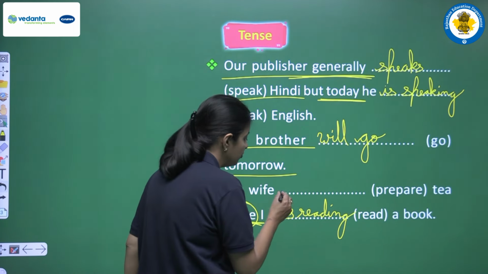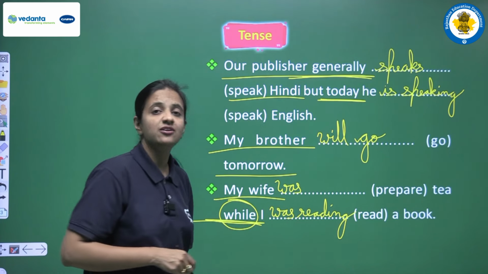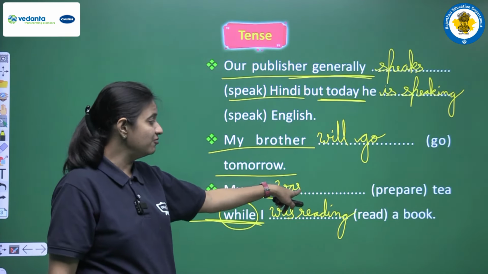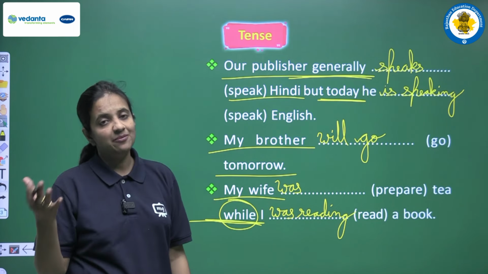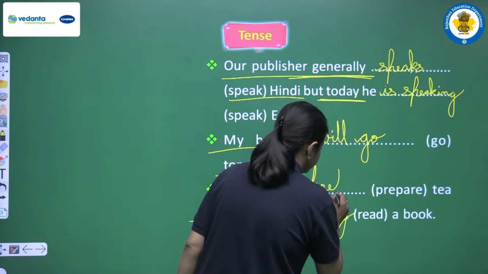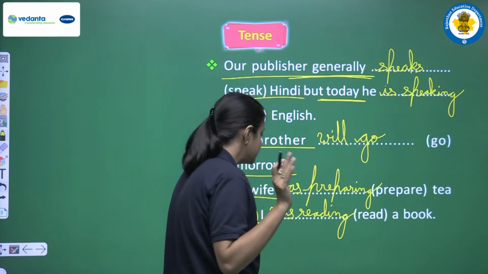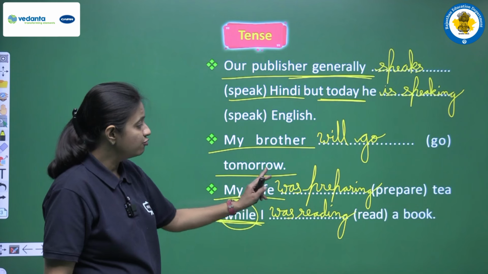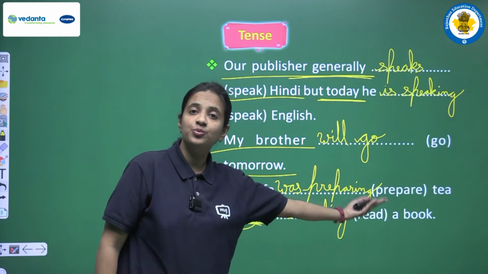So here also we will use past continuous tense, and again we are having singular subject my wife. So as a helping verb we will use was, and main verb we are having prepare. So prepare plus ing, it will be preparing. And the complete sentence will be my wife was preparing tea while I was reading a book, right?